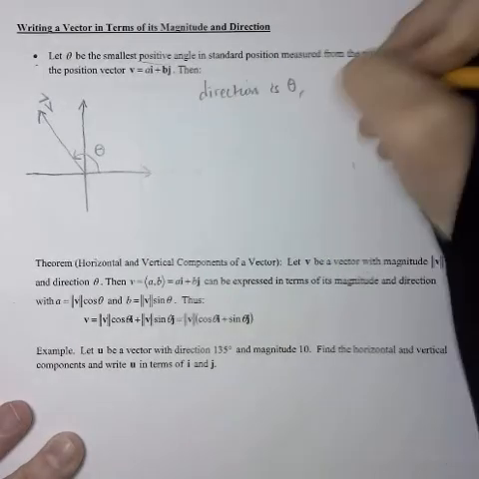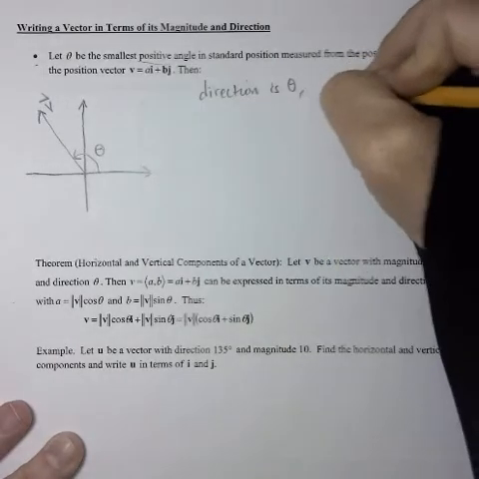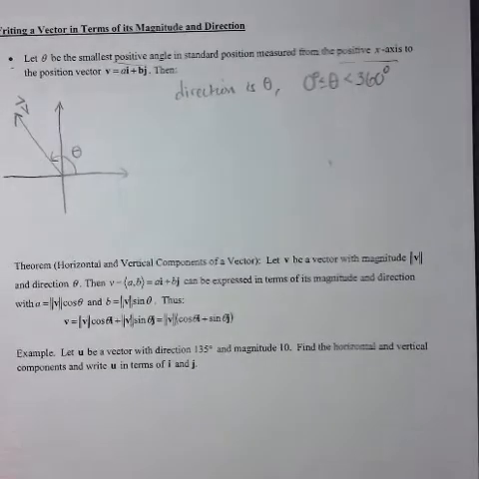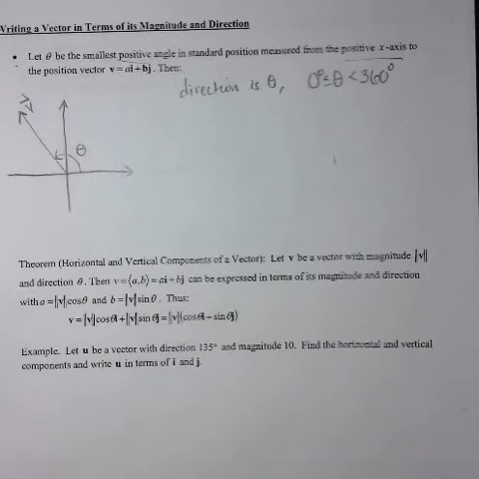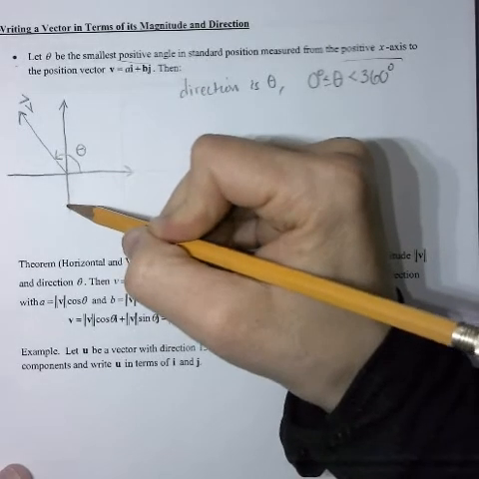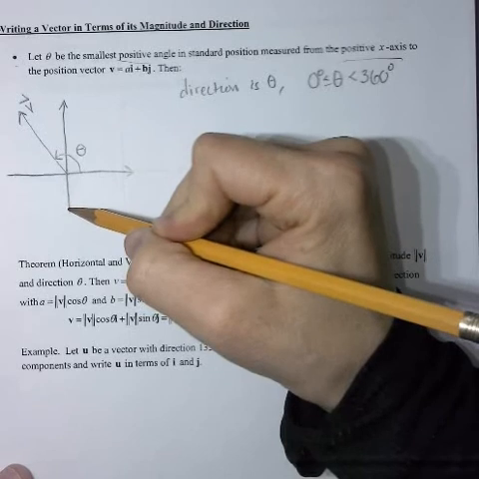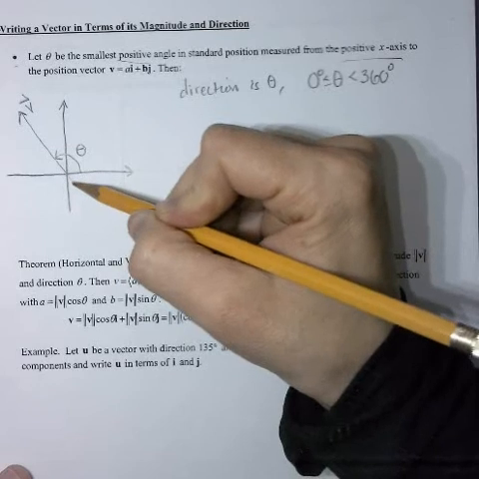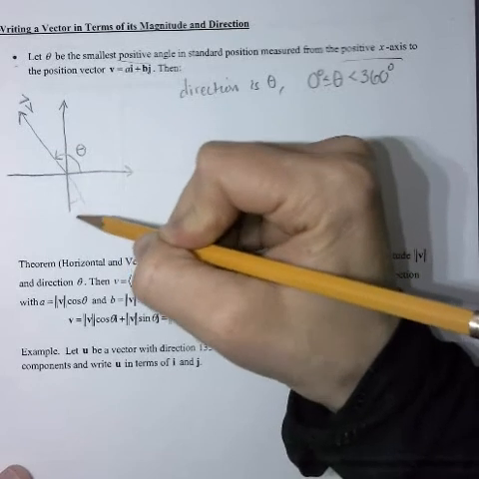Where theta is between, and we'll use degrees, but of course you could use radians. But we're going to use degrees. And a lot of times direction in our problems are given in terms of bearings. So if, say, the direction is given in the problem as 30 degrees east of south, sorry, like here, we're not going to put theta is 30 degrees.